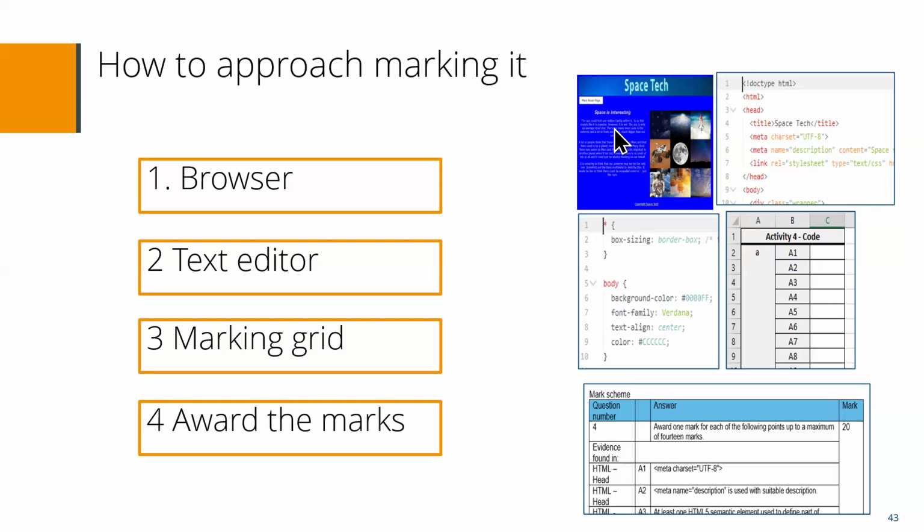But if it isn't, that doesn't mean there are no marks. It simply means it's going to get harder to find the marks, because we have to give marks for everything that's achieved. So the second thing to do is to look into the actual code, the HTML, and say, does that actually meet the requirements of the question, what the question asked them to do?